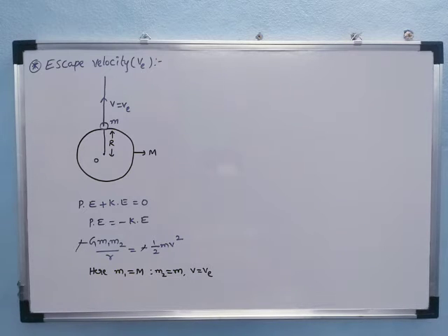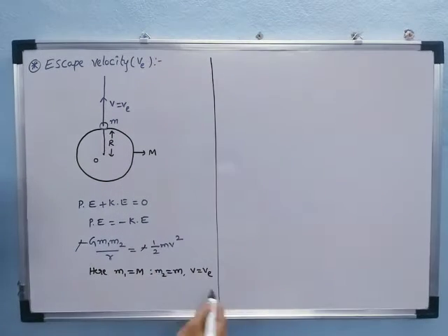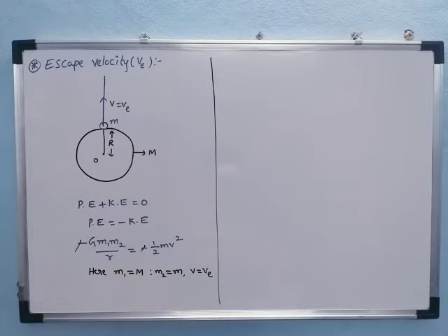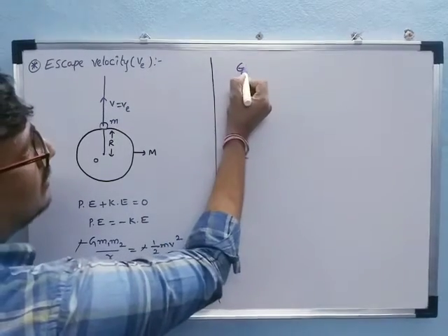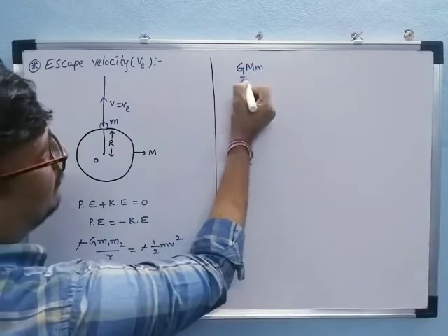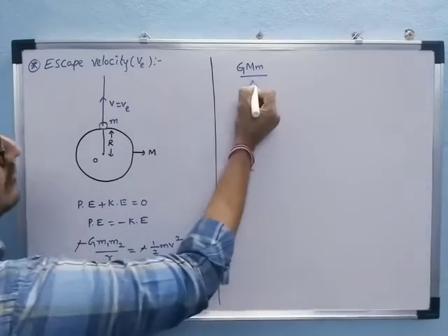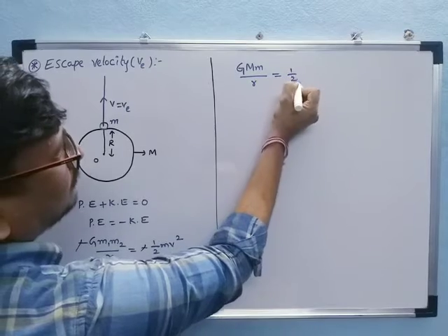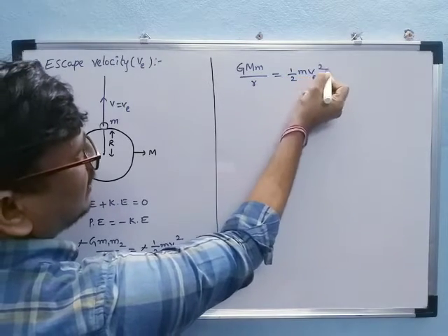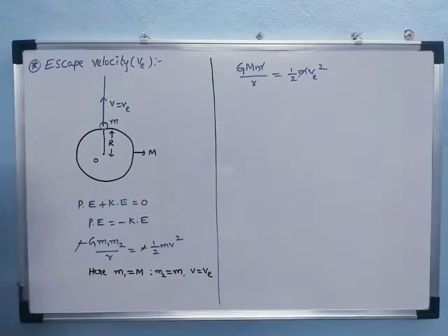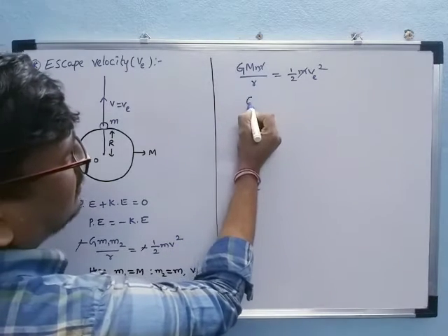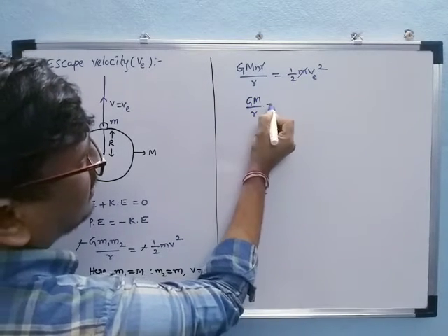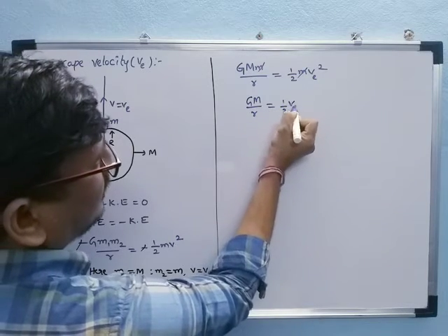Substituting in the above equation, we get G into capital M small m by r is equal to half m v square, and the mass m gets cancelled. Next we can write GM by r is equal to half v square.